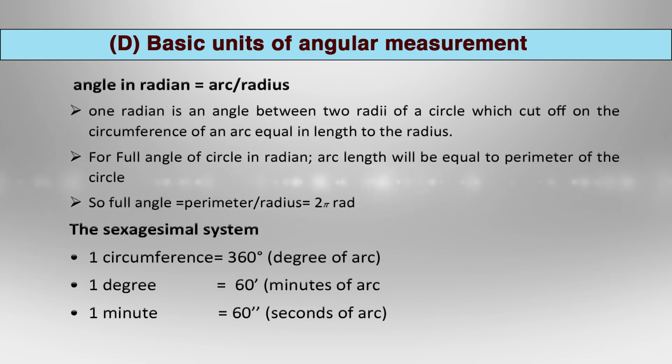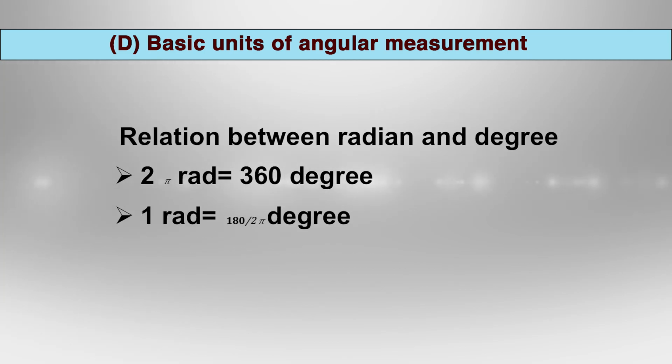So there are two systems we have discussed. One is expressing angle in terms of degree, another one is expressing angles in terms of radians. So can we establish some relationship between radian and degree? Let's try. A full rotation or a complete angle of a circle in the sexagesimal system is 360 degree. In radian system, it is 2 pi radian. So, this is the basis for converting the degree into radian and radian into degree.